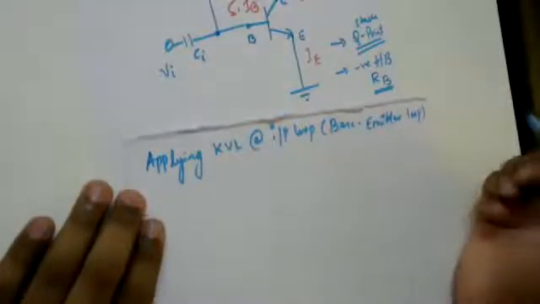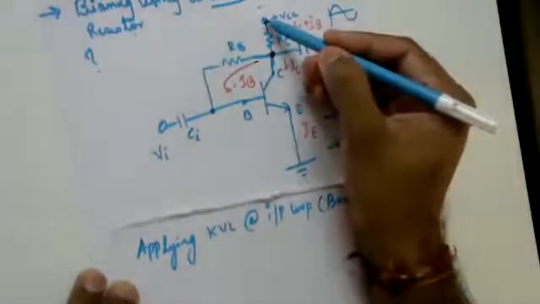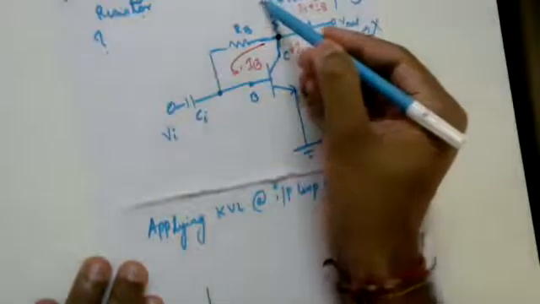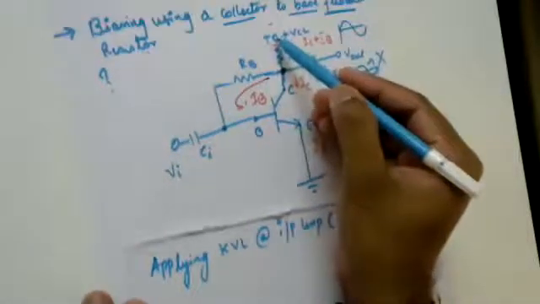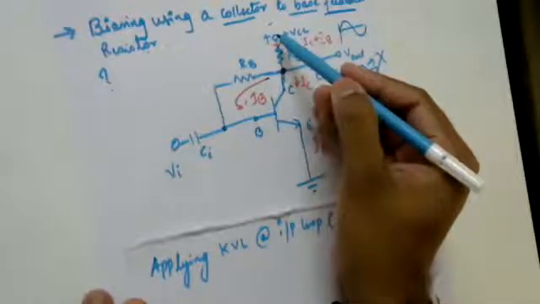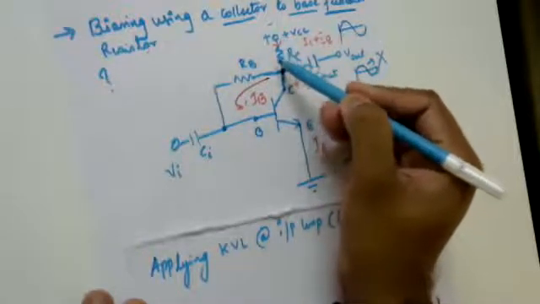How to start? You have to start from the VCC terminal. Let me say this is your positive terminal, and negative is grounded. The positive terminal is connected to the resistance RC.